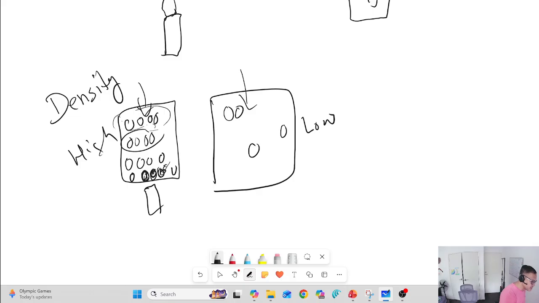So let's say this particle goes here, this particle goes here. So here there will be less density. And then the particles here are not that hot, so they are closer together in this liquid, and they are more dense here.